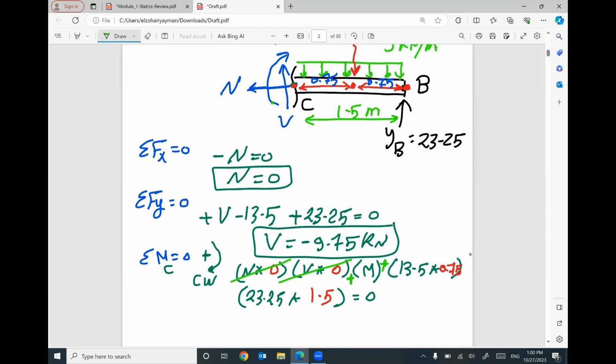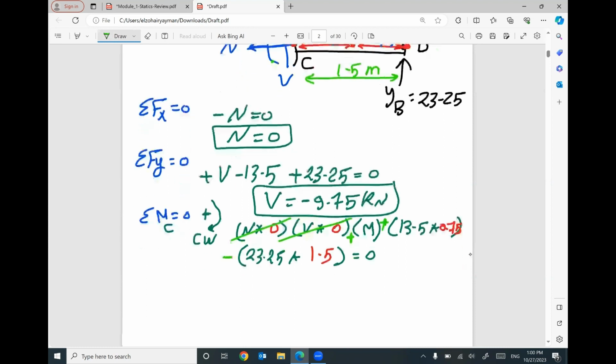Your reaction will rotate counterclockwise, will be negative. The only unknown in this equation is your capital M. Your value of M will be positive 24.75.